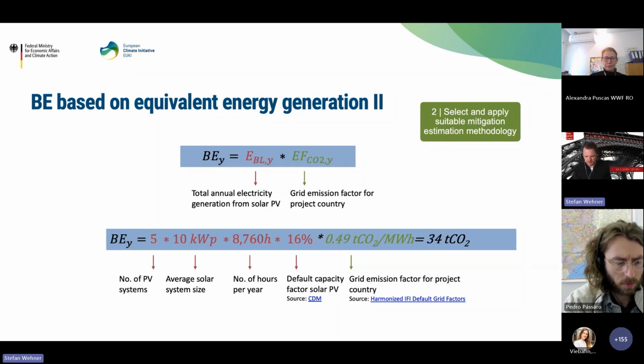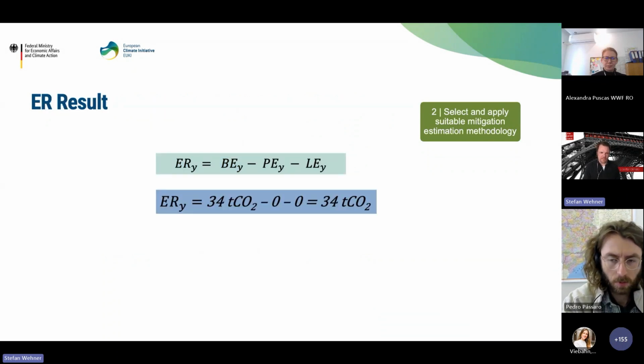So the link is in here. You will receive the presentation, and then for your countries, you can check the value, and that could be applied for all energy-related, electricity-related projects, be it renewable energy generation or energy consumption or energy savings. So in the end, it's very simple.